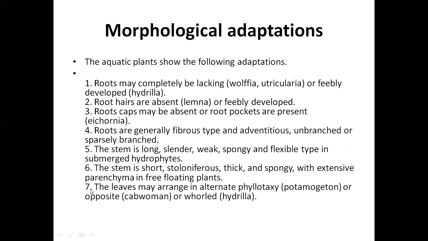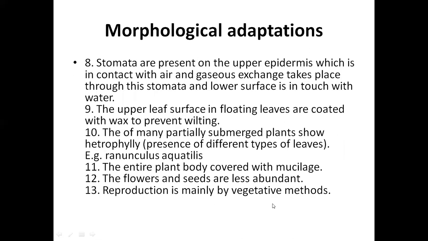And the leaves may be arranged in alternate phyllotaxy, for example, Potamogeton, or opposite, for example, Cabomba, or whorled, in case of the Hydrilla. So stomata are present on the upper epidermis.